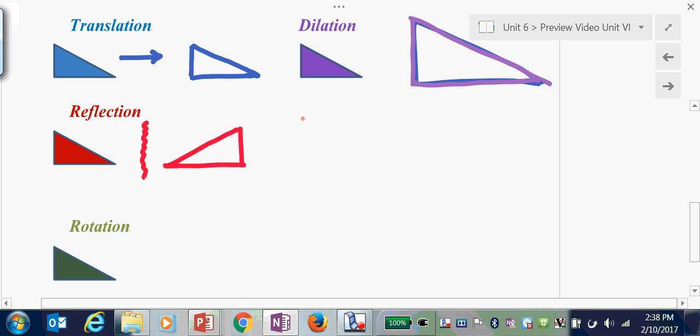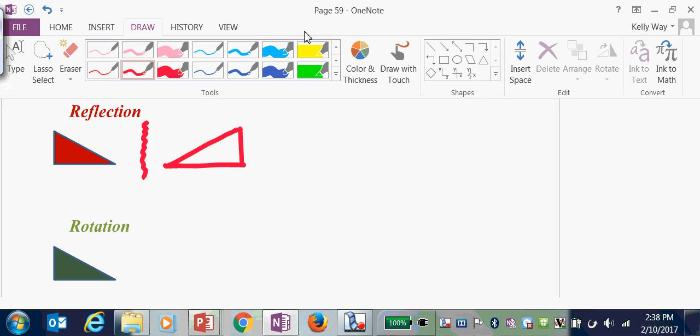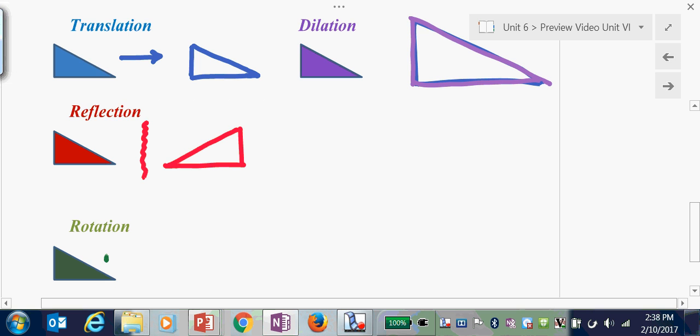I got a little bit larger there, but imagine those exactly the same shape. Then rotation is when you turn. We're going to turn just 90 degrees here. So slide, flip, turn is the motions translation, reflection, rotation.